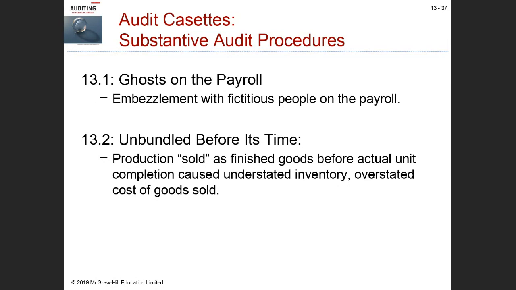And then the second one is called unbundled before it's time. It says production sold as finished goods before actual unit completion caused understated inventory and overstated cost of goods sold. So, how can we actually record sales before production is completed? Well, why would we do that?